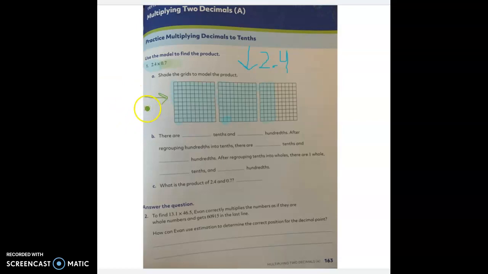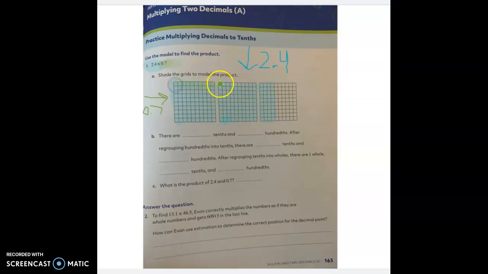So left to right is going to be our 7/10. And we're going to shade right on top. We're going to shade 7 of the rows. And I know that they're not touching in between, but you just do 7 rows all the way across.